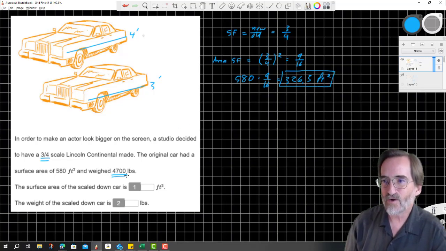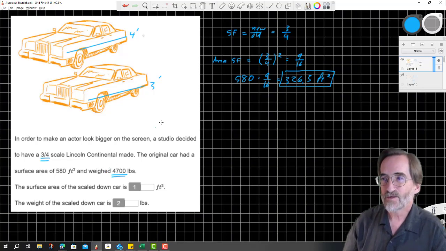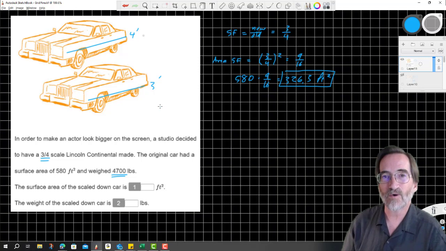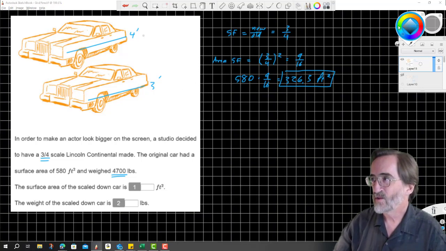Now weight isn't volume, but weight is associated with volume. If you have twice as much volume, you have twice as much weight. If you carried 2 buckets of water, you'd be carrying twice as much weight as 1 bucket of water, and that's volume. So let's do volume.